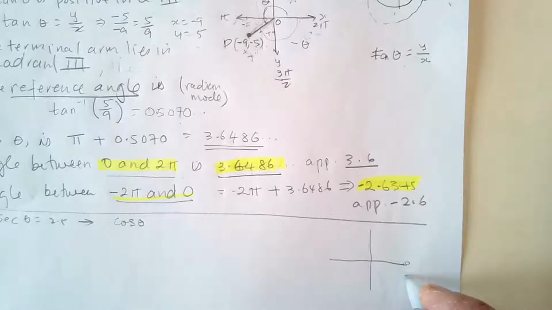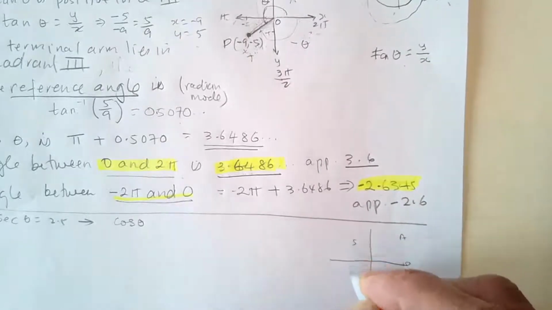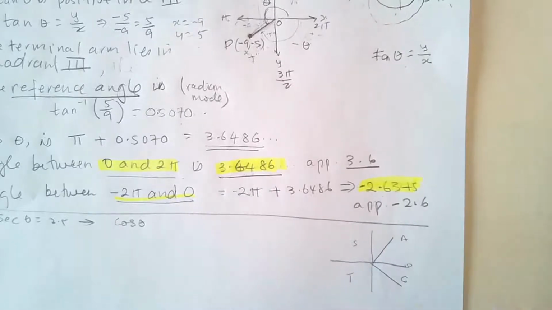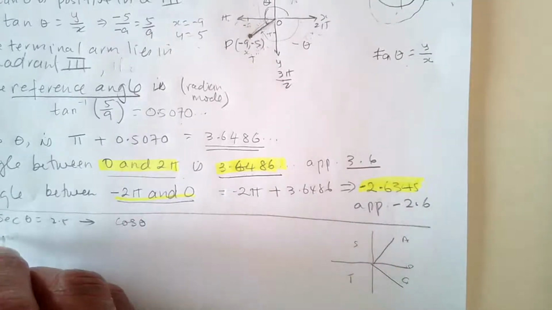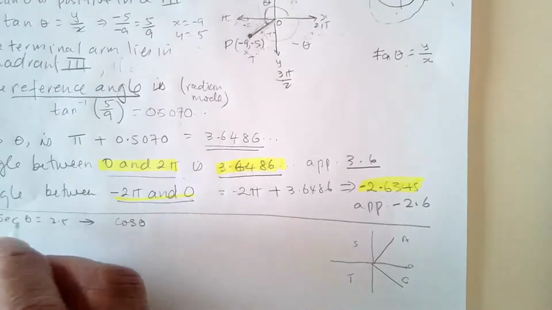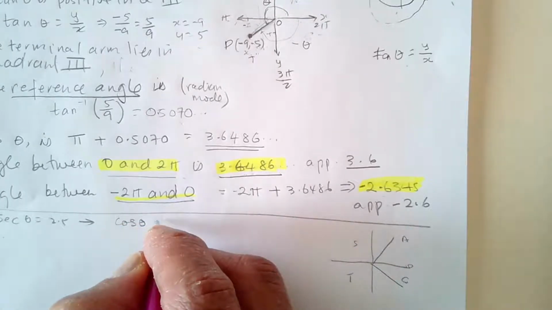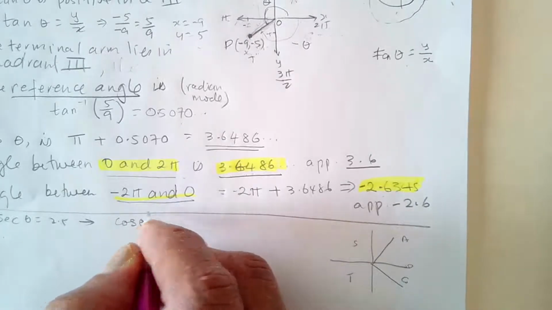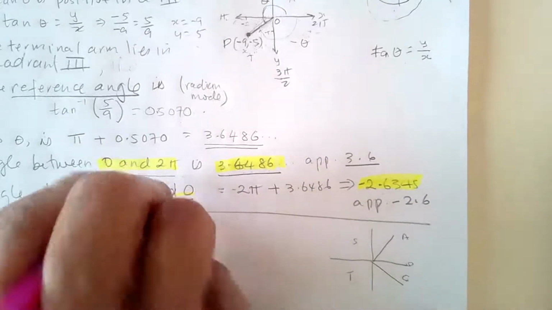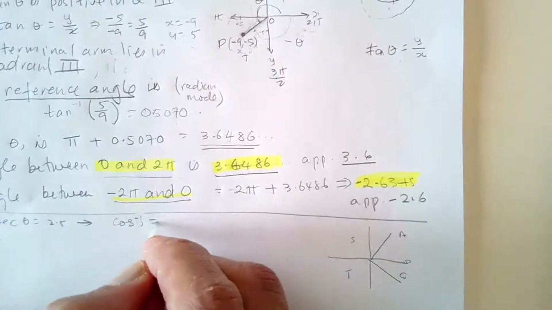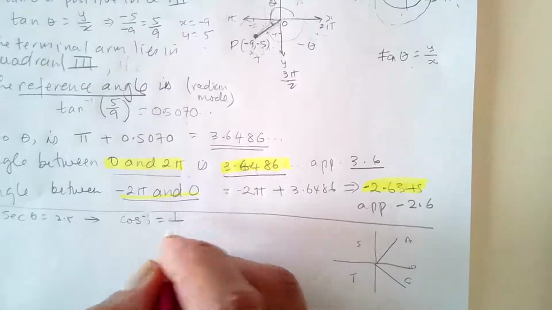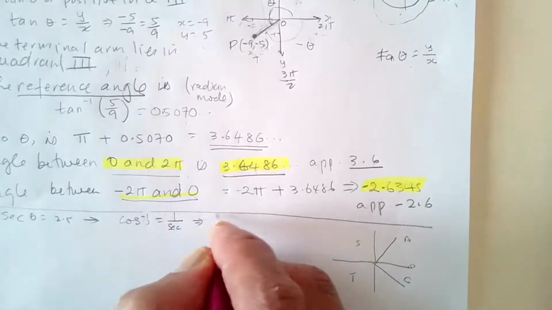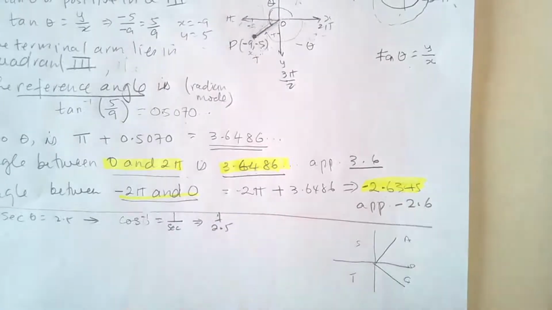Remember, we have the CAST rule, C-A-S-T. So cosine is positive in quadrant 4 and quadrant 1. So cos theta is the reciprocal, 1 over secant, which is 1 over 2.5.